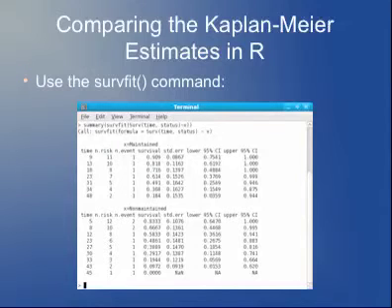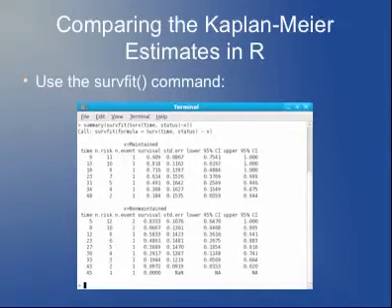Here we say summary survfit time status twiddle x, where x is a two-level factor that's either maintained, meaning they got the extra long chemotherapy dose, or non-maintained. So, for instance, this tells us that if you got the extended dose of chemotherapy, your probability of surviving to time 13 is about 0.8, versus the probability of surviving to time 12 being about 0.58 if you didn't get the chemotherapy.